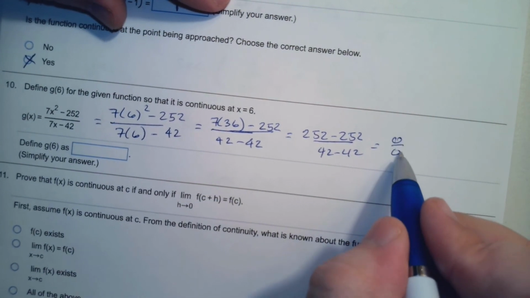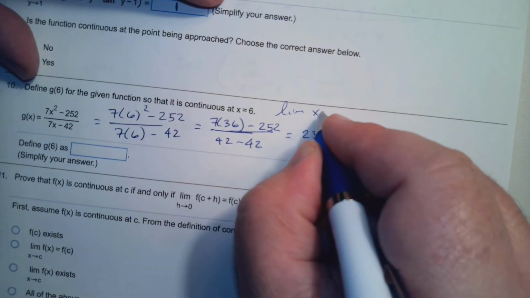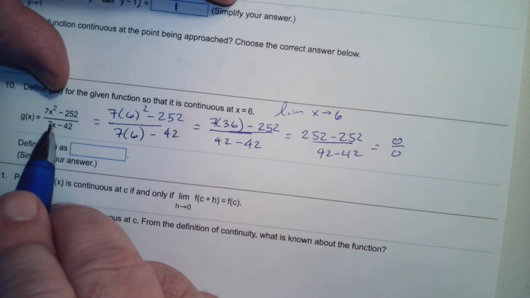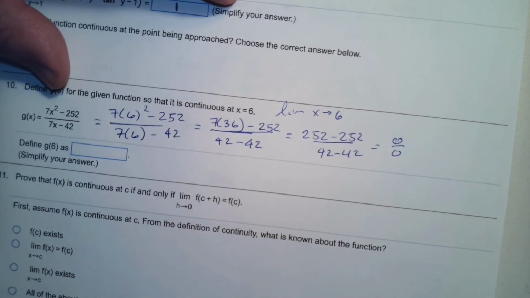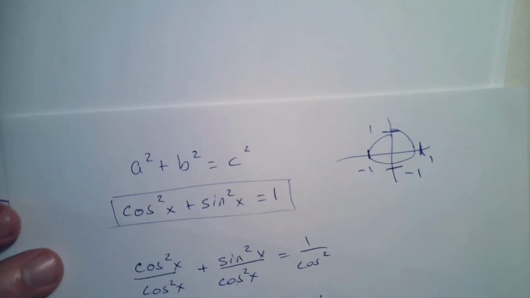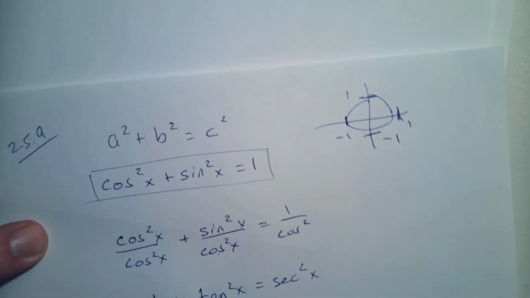Okay, remember I said if you have 0 over 0, because what we did, we took the limit as x approaches 6. We just plugged 6 in there. So let's see what can happen here.